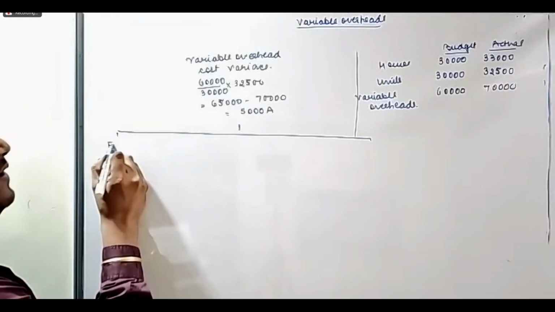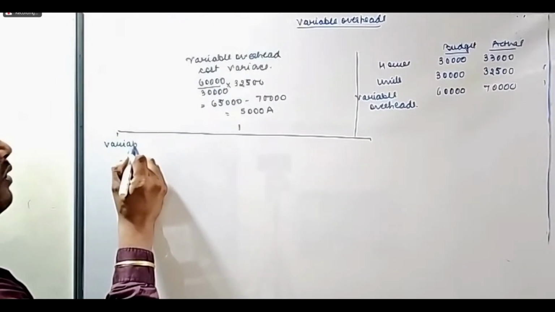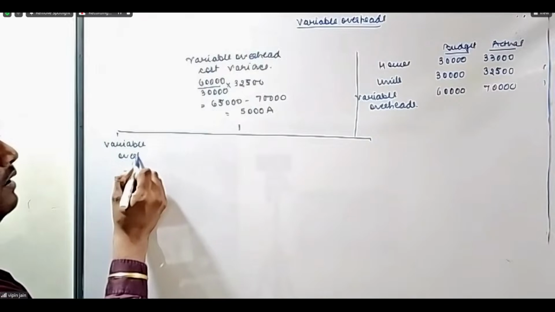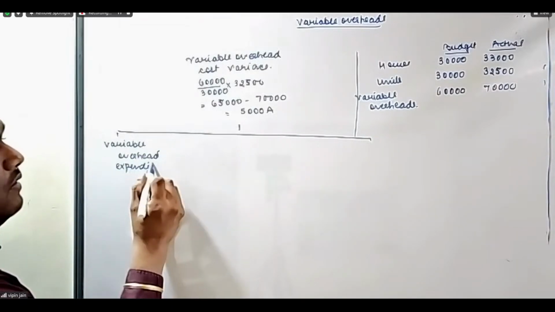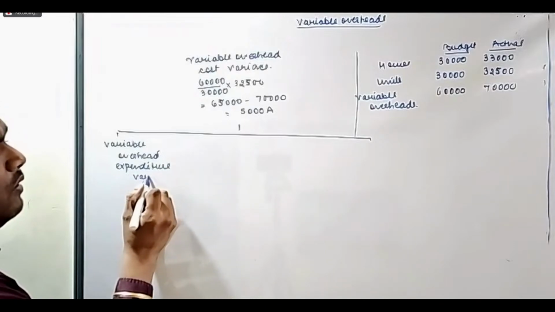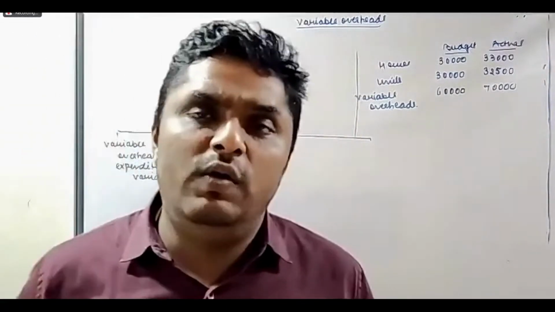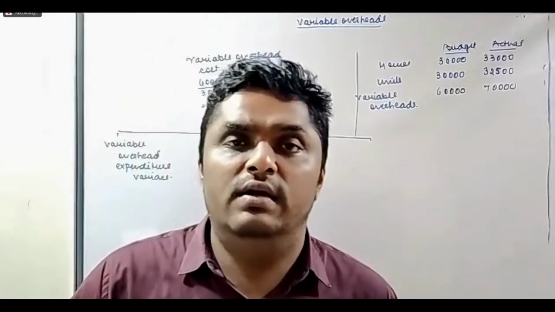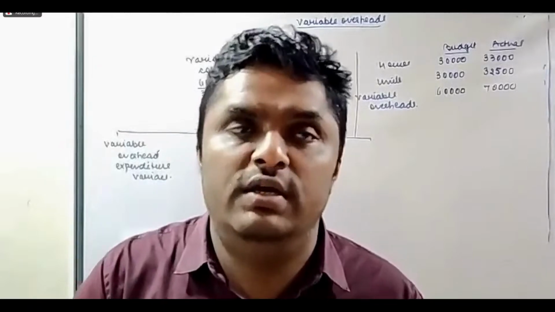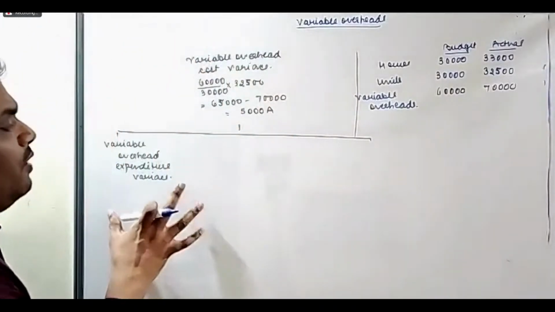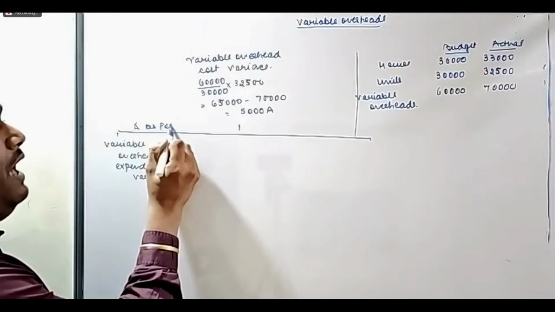Now here, as in fixed overhead, variable overhead expenditure variance. Generally, fixed overhead remains constant at all levels of production. But variable overhead keeps on changing. So when talking about variable overhead expenditure variance, we'll take the rate into consideration.